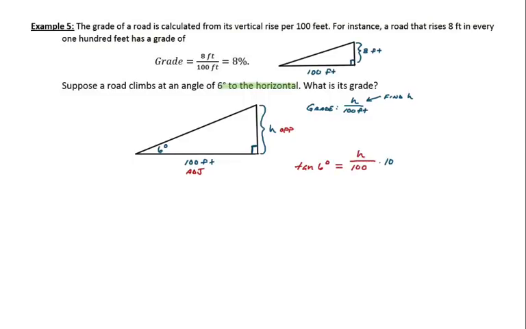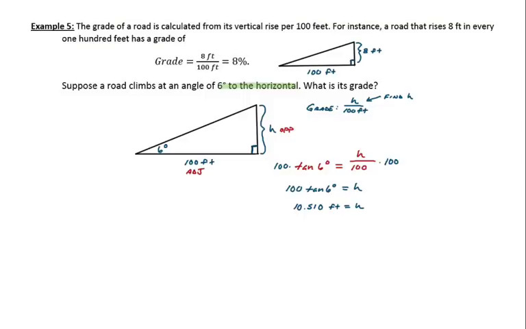So tangent of 6 degrees is going to be equal to h over 100. To solve for h, I would multiply both sides by 100. So I'd have 100 tangent of 6 degrees equals the height. So the height is going to be 10.510 feet. So if the road climbs at a 6-degree angle, it's going to have a vertical change of 10.510 feet.